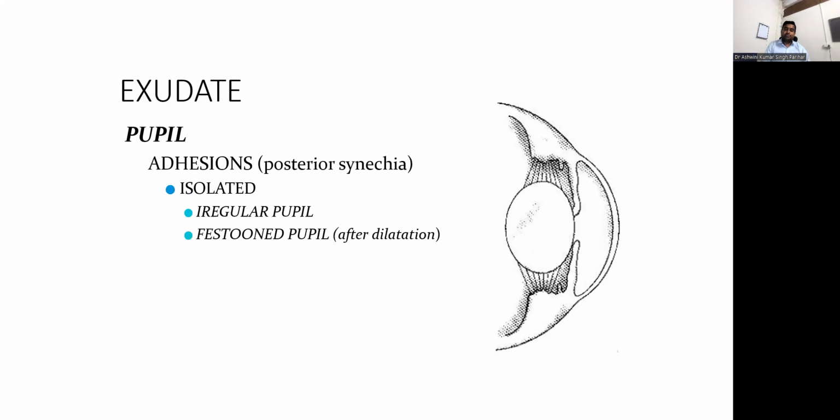The reflexes to light will be absent because the iris tissues are affected and are not able to constrict or dilate.